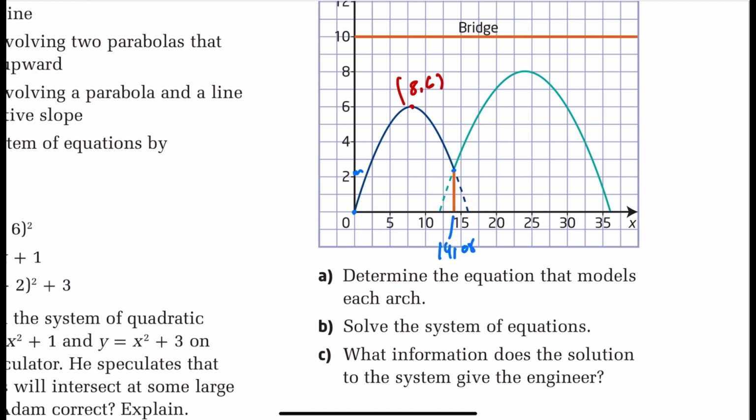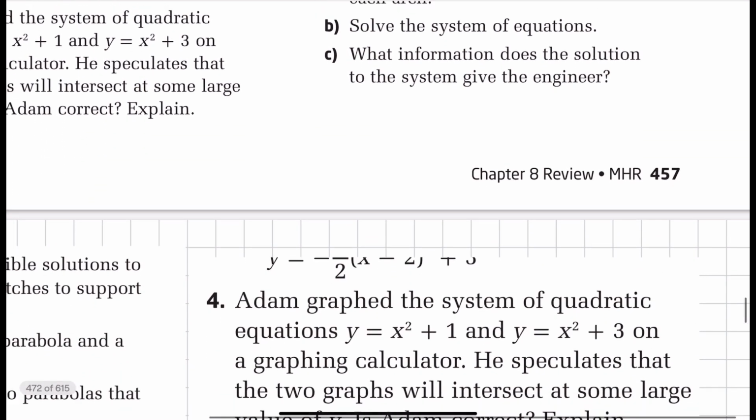So they will know where to install the post and how high it will be, and it will make their lives very easy.